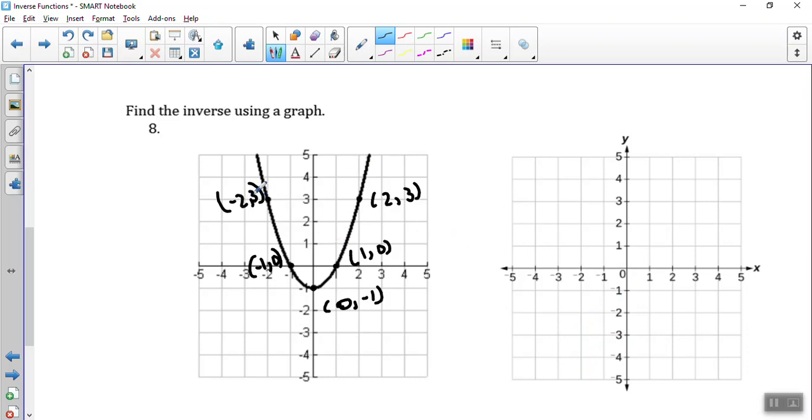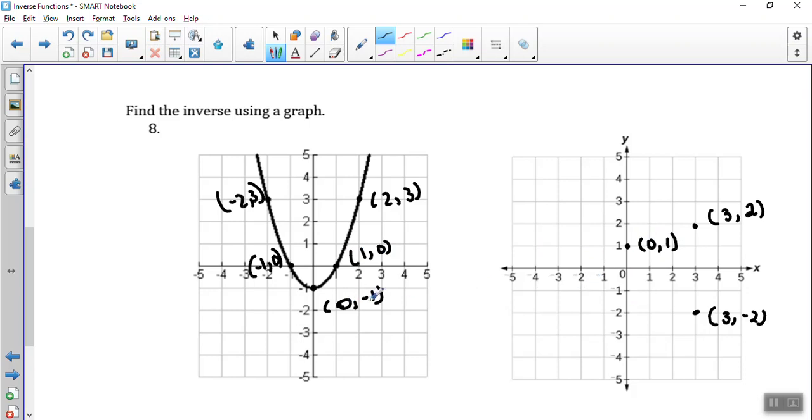Okay, and then now to find the inverse, I'm going to switch each of these coordinates and then graph them here. So if I switch, this is going to be 3, negative 2. So positive 3, negative 2. I'm going to mark it just to make sure. 2, 3 switches to 3, 2. 1, 0 becomes 0, 1.